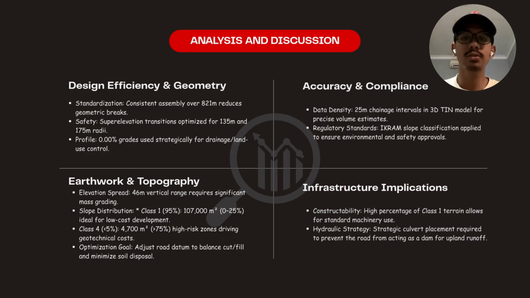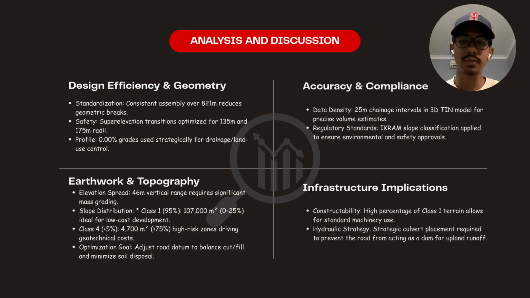I'm entry number A201143. Moving into the technical design detail of our 821 meter road corridor, we focus on two things: standardization and safety. By maintaining a consistent assembly, we have ensured a smooth surface that simplifies the construction process.